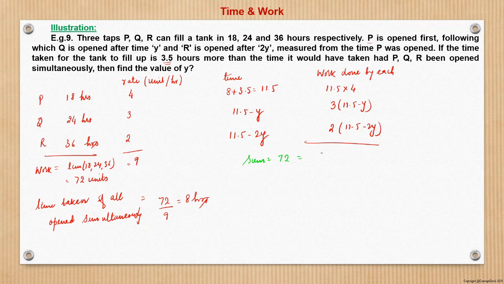This is equal to 46 plus 34.5 minus 3Y plus 23 minus 4Y.